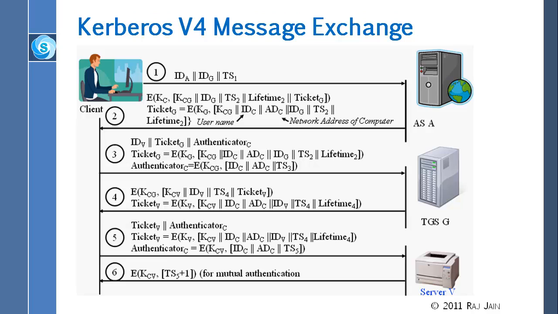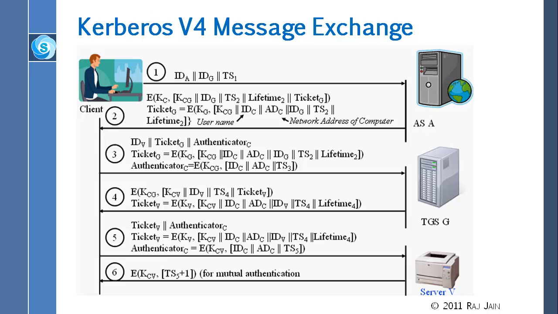So this KCG is the day secret, and basically here's my name and all that. So the reason this is sent is so that it can match these two and say, yeah, the ticket is for the same person who knows this secret, KCG.